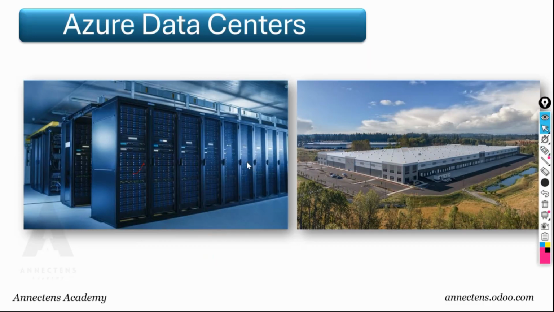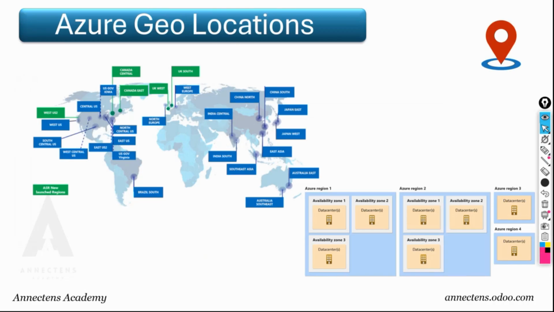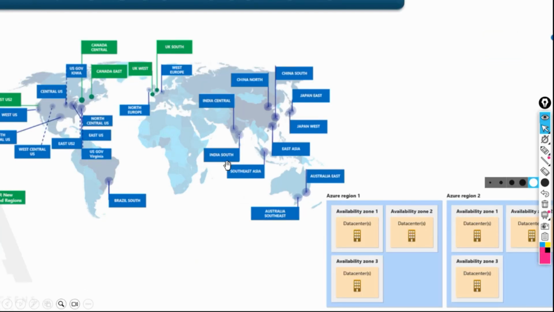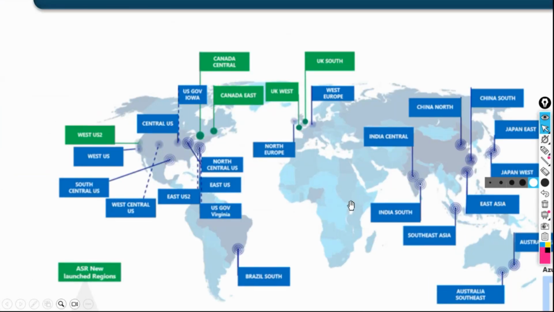Okay, so that was the data center, and now Azure geolocations. Let's talk about these locations. What are they, and where are they available right now? If you are coming from an Azure background, maybe you know, and if not, Microsoft Azure has the largest global footprint right now.